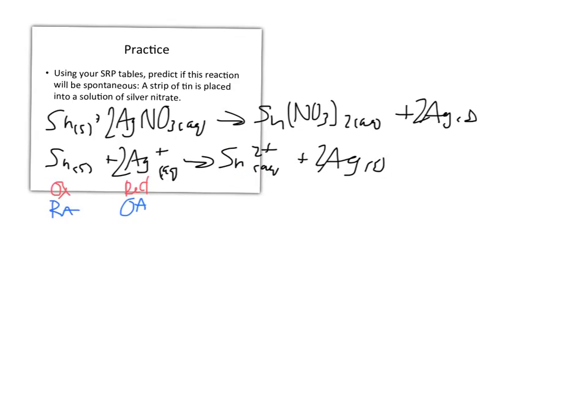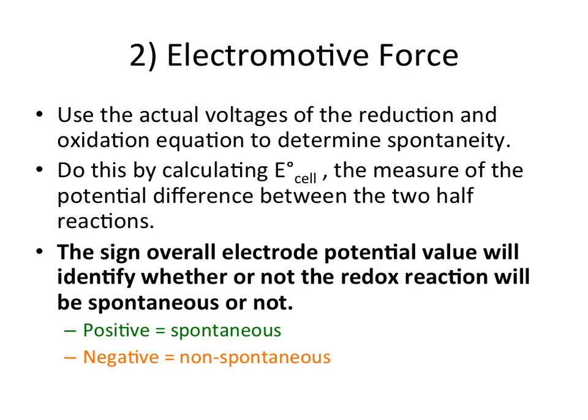And I was able to create this whole reaction by knowing that my Sn and my Ag did create a spontaneous reaction, and from that I was able to figure out that my Sn was being oxidized. It was losing 2 electrons to get to the 2 plus, and my Ag plus was being reduced. It was gaining electrons, and so I knew that that was my reducing agent and that was my oxidizing agent.